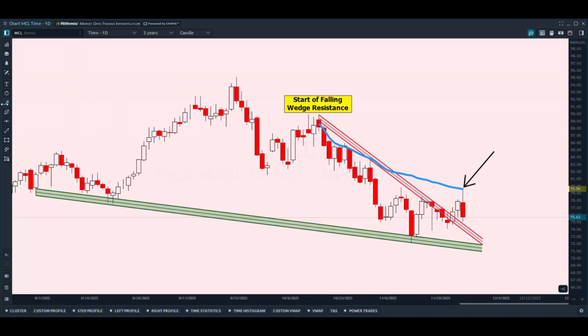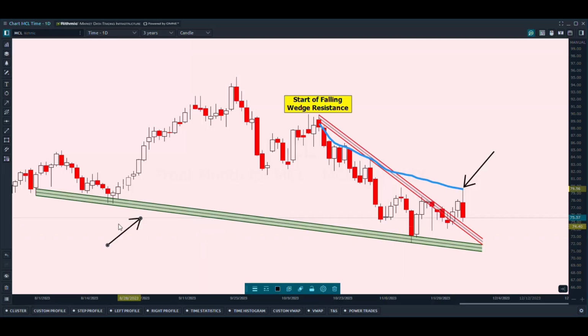If you follow the arrow here, I initially started my falling wedge from this point and extended it over to capture this general area. You can see in this candle from November 15th of 2023, this is where we established a low.